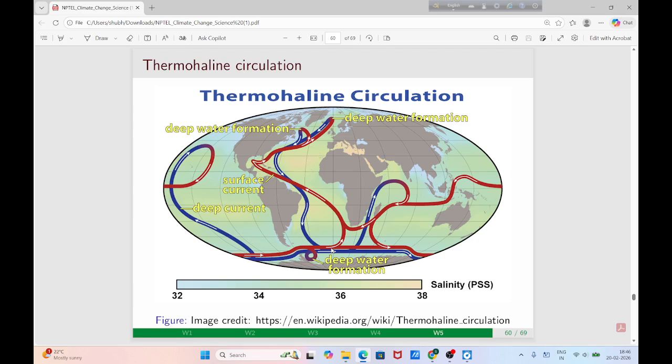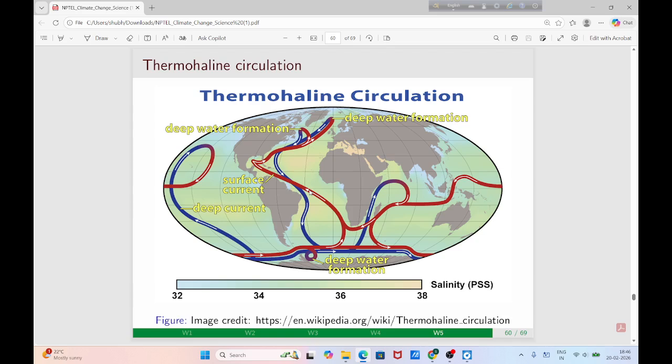If this one becomes stronger and this particular circulation becomes weaker, then less heat will be trapped in the Antarctic region, but more heat will be trapped towards the northern hemisphere. That is the difference for the northern and the southern parts of the globe, especially considering the Atlantic Meridional Ocean circulation.